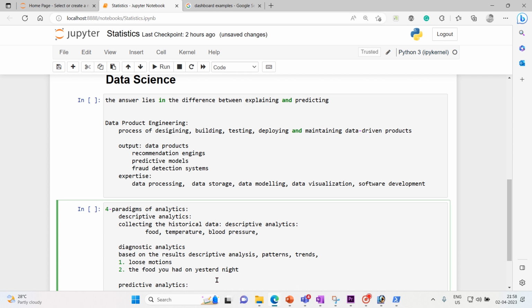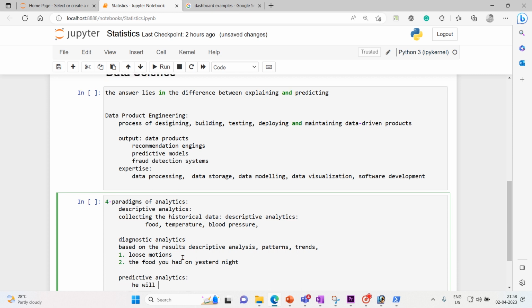In predictive analytics, he will take both the data, the descriptive analysis and the diagnostic analysis data, and a data analyst will build a model, and that model is going to predict the type of disease or type of problem he will get.